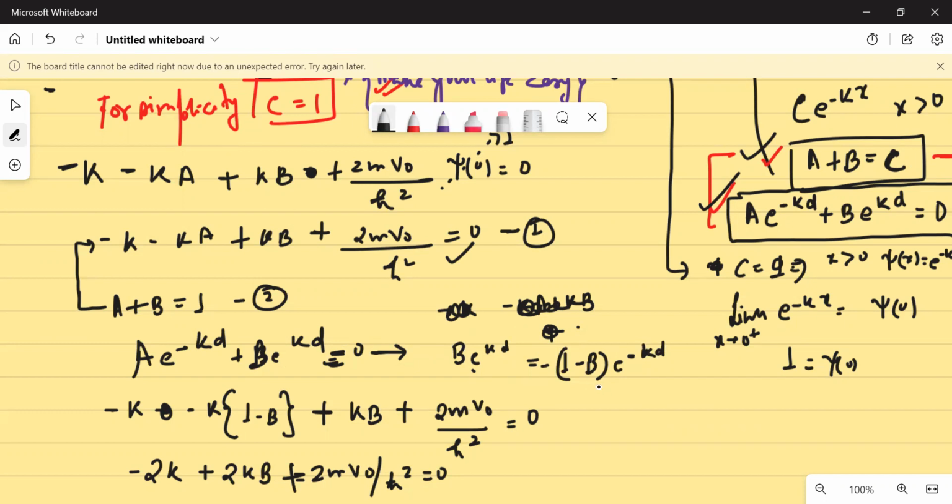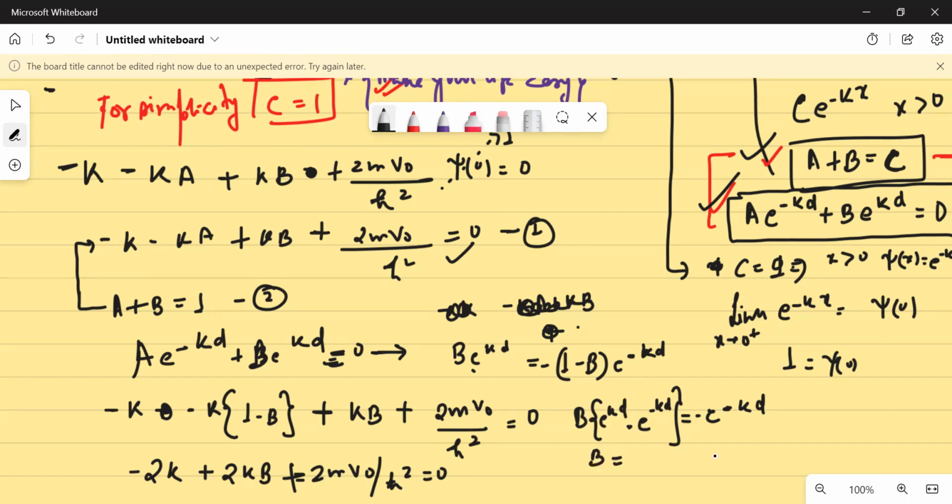And what it will yield you, you have e to the power minus kd here, in negative. This will become positive, and taking it to the other side, what will come? b e to the power kd, and then minus b e to the power minus kd. Is that clear? I think this is clear to you.